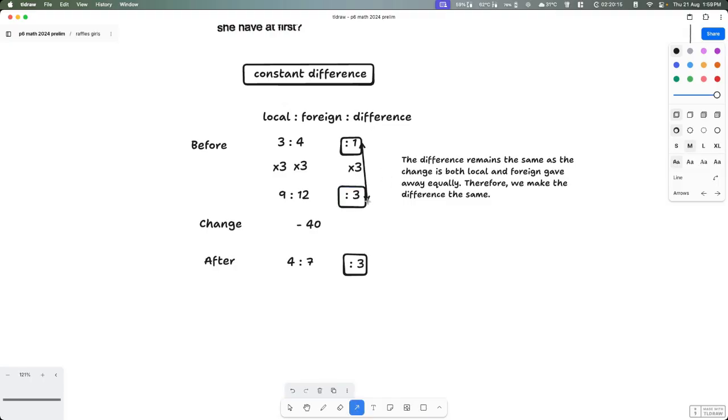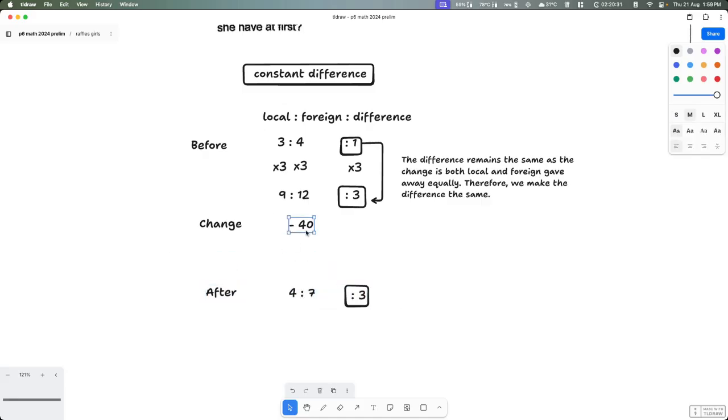Let me just put this over here as 1 is to 3. Now we know that the change is minus 4. So after it itself minus 4, that means essentially we minus how many?